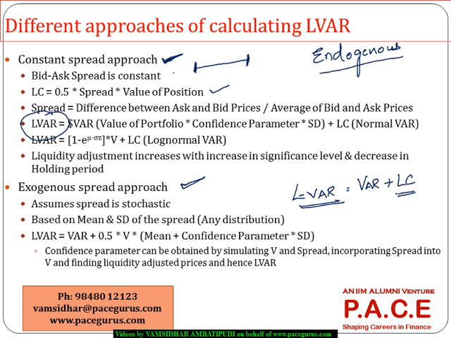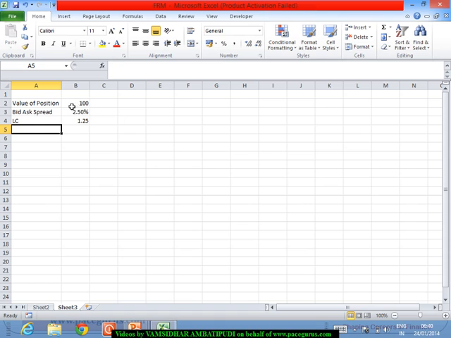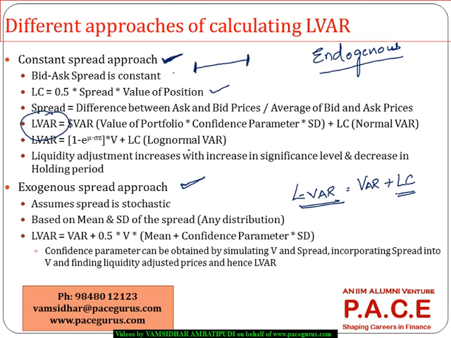And whenever we talk about the spread, here I have used the spread as 2.5% directly, but otherwise spread is nothing but the ask price minus the bid price divided by the average of the ask and the bid prices. So this is the mechanism to find out the spread.